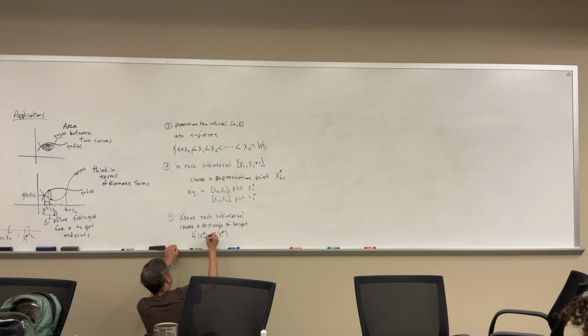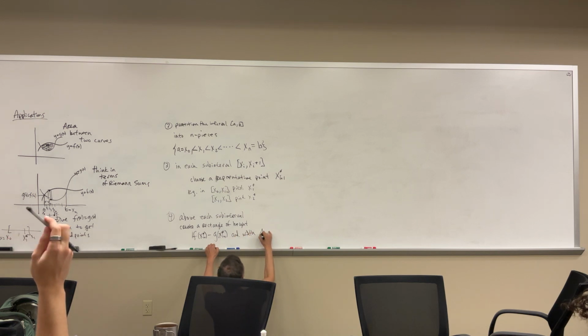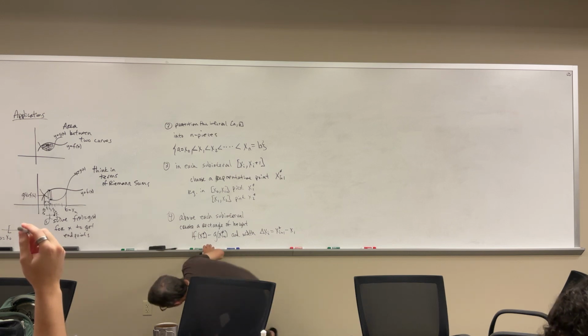Let's actually make that plus 1 there. A rectangle of that height and width delta x sub i equals x sub i plus 1 star minus x sub i. Now this is probably all starting to sound like a little bit of mush.